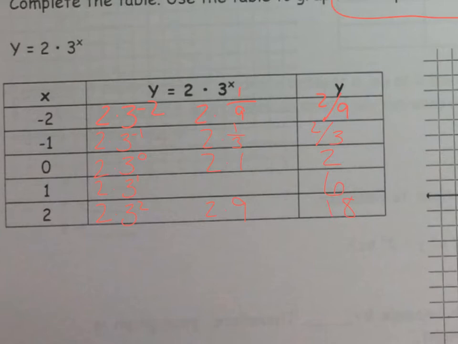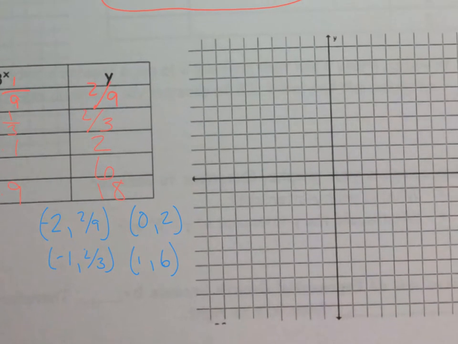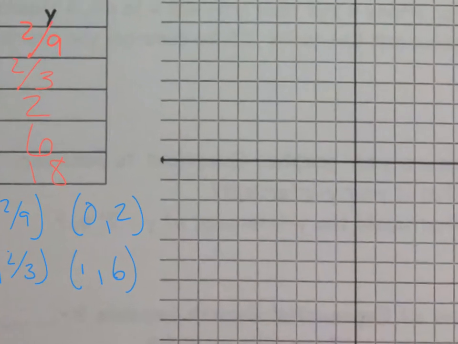So again, these are giving us coordinates: negative 2 comma 2 ninths. Negative 1 comma 2 thirds. 0 comma 2. And 1, 6. I won't have room to put the 18 on there, so I don't think I will. So I'm going to come over to the graph. Check it out. Negative 2, I'm going to have to zoom in on this.